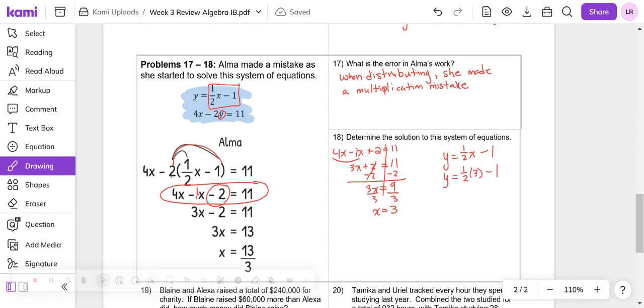Half of 3 is 1.5 minus 1 is 0.5. Now you could have written that value as either 0.5 or as 1/2. If you worked with fractions or decimals, it's okay either way. It's a terminating decimal, so we can write it either way. Okay, so my answer would be 3 and 0.5.